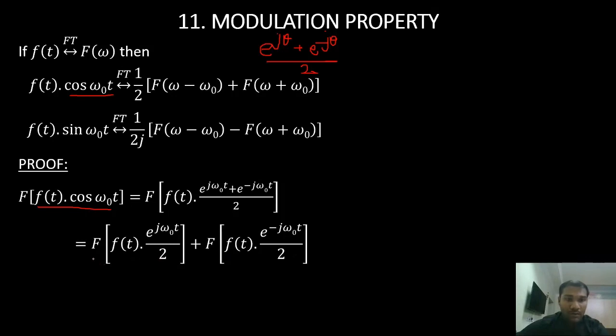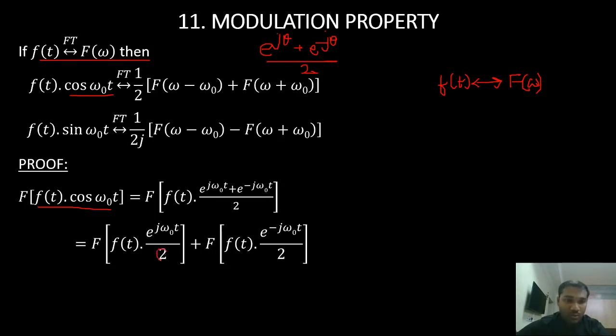So how do I find the Fourier transform for this? We know the Fourier transform of f of t is f of omega, right? Now, what do we have here? We have a phase shift in the time domain signal.